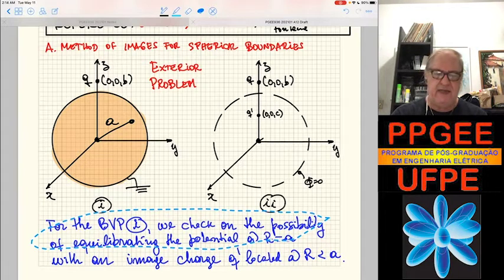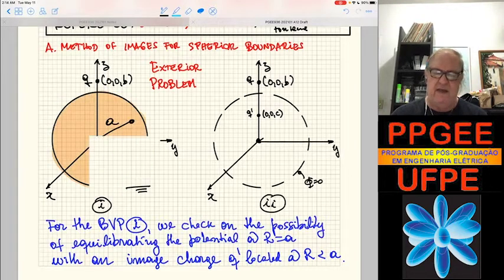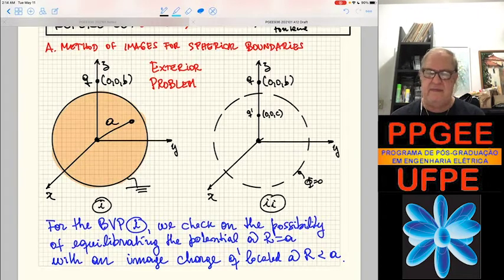In this case, that's the original problem, right? We have a charge, a grounded sphere. We could place the image charge anywhere inside of the sphere, but it makes more sense that we put the charge on the same axis that is defined by the origin and the location of the charge. So we have that axis.